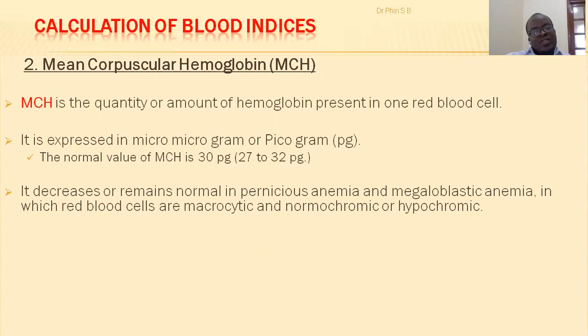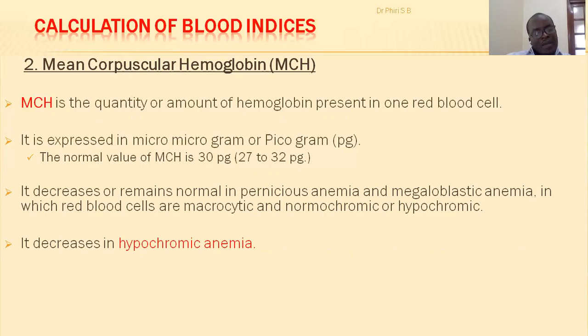It decreases or remains normal in pernicious anemia and megaloblastic anemia, in which the red blood cells are macrocytic, normochromic, or hypochromic. But like I said, how do you differentiate them? If you have a decrease in hemoglobin concentration in these red blood cells, those cells are referred to as hypochromic.